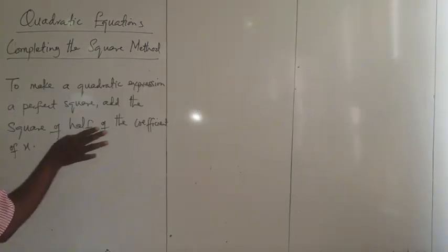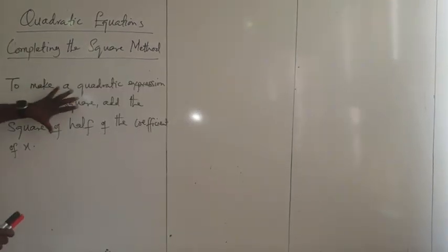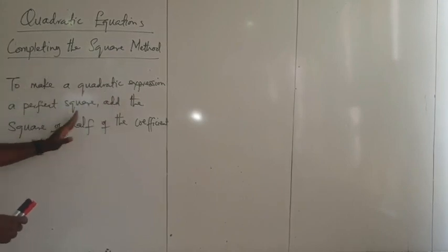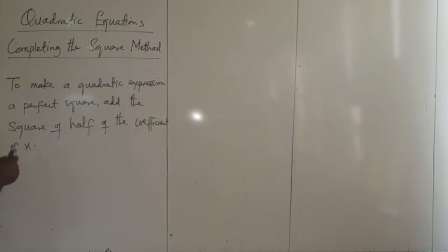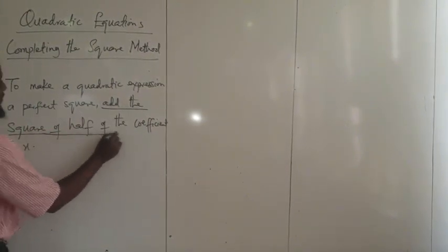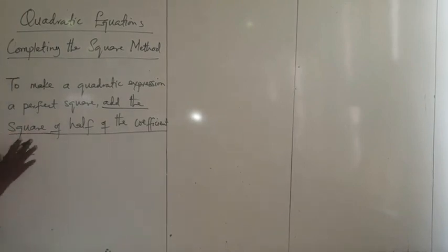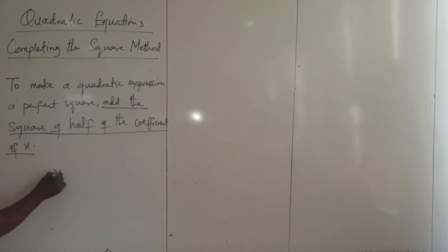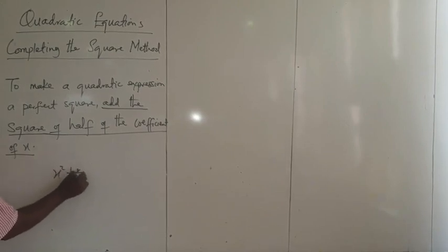From what I just explained, if you want to make a quadratic expression a perfect square, what you do is add the square of half of the coefficient of x to that expression, just like the one we finished now, x squared plus 8x.